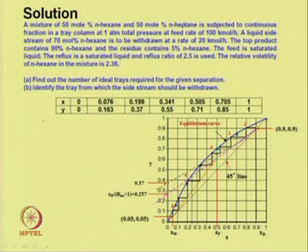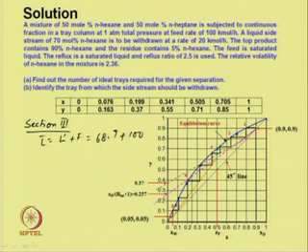For section 3, that is the stripping section, the liquid flow rate L bar would be L dash plus F, which is equal to 68.9 plus 100, which is 168.9, and gas rate G bar would be G dash, which is equal to 124.46.